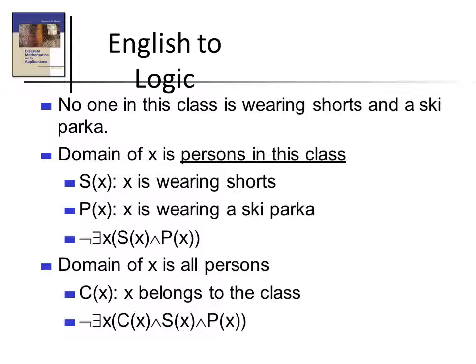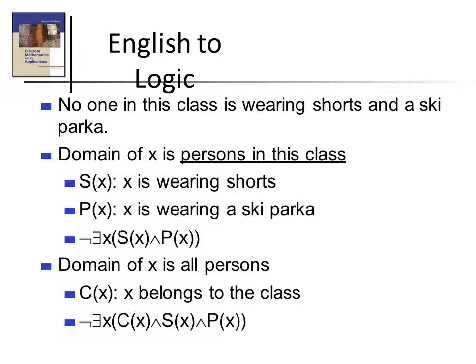Here, again we move on to the statement. Not for all, not someone, it is no one. That means complete negative, no one. That there is no person in this class wearing shorts or a skirt parka. So what will it be?